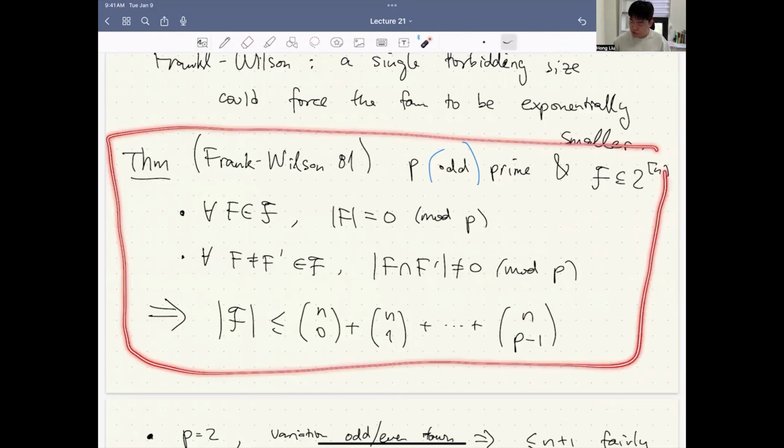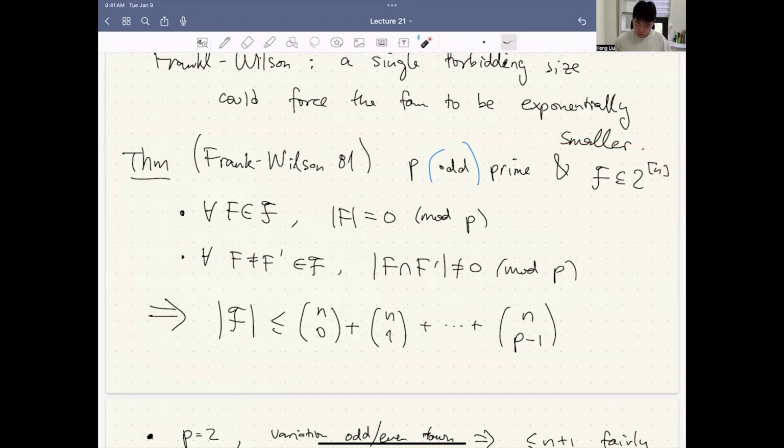Once again, the proof is I want to associate to every member of F some objects in some low-dimensional vector space so that it's injective. So the image is the same as F size, and they are linearly independent, so we can upper bound it by the dimension of the vector space.